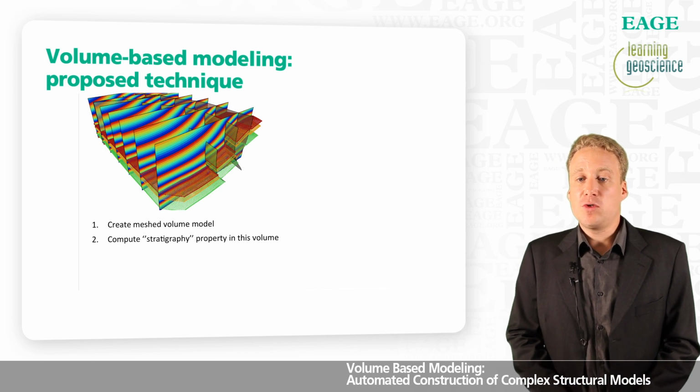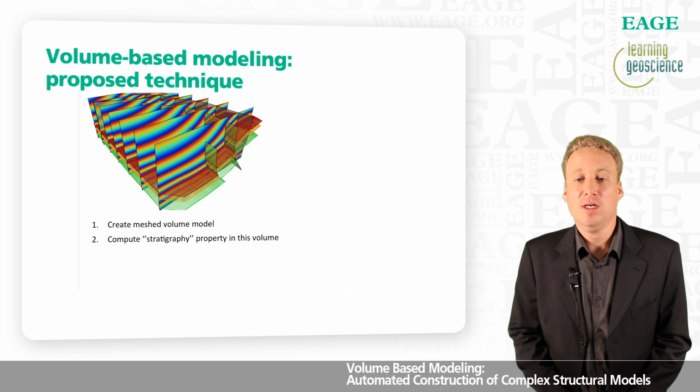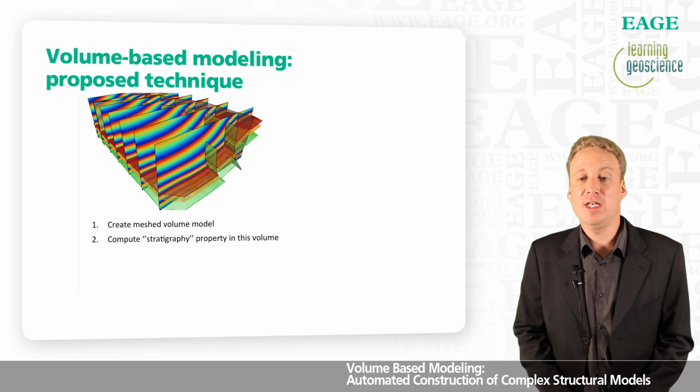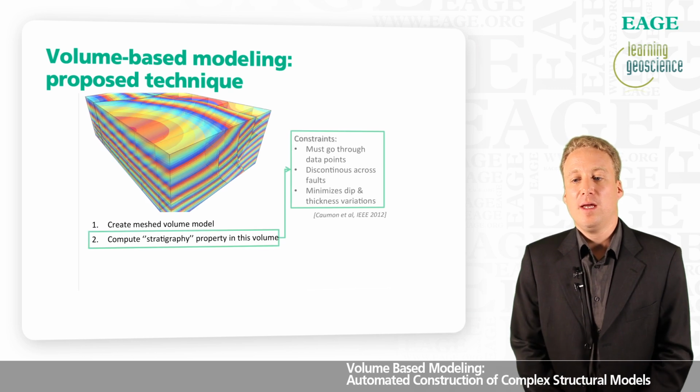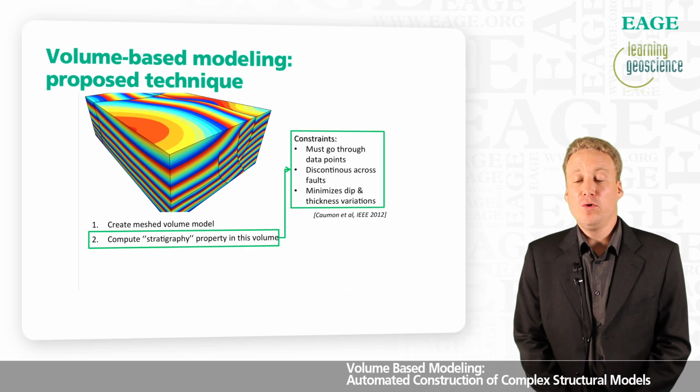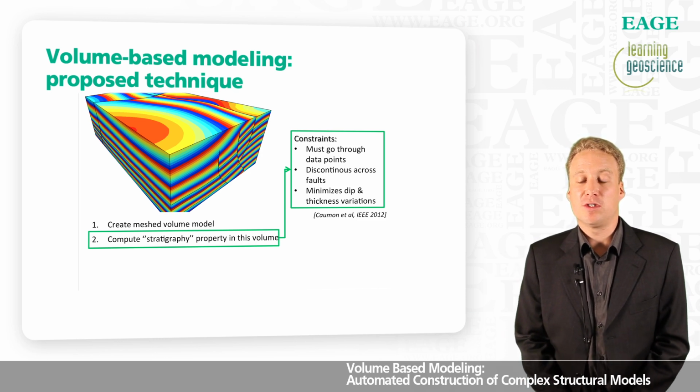On this tetrahedral mesh, we compute a property that we call stratigraphy that is representing the relative geological age of the layer. There are a few constraints that are used to perform this interpolation.